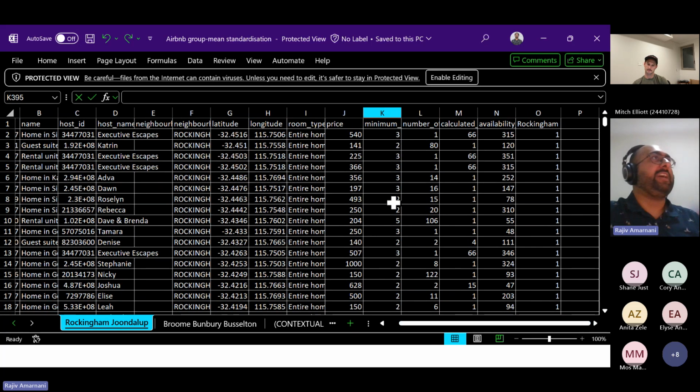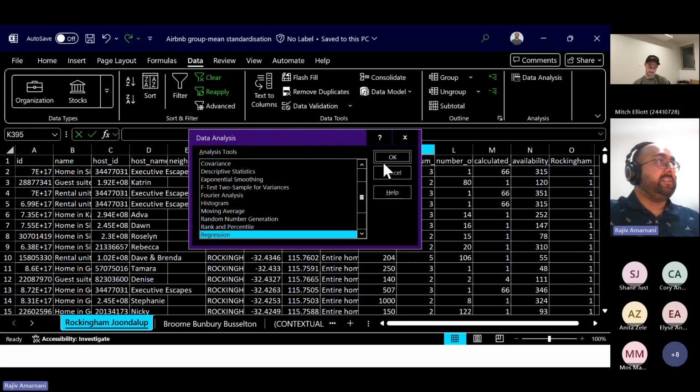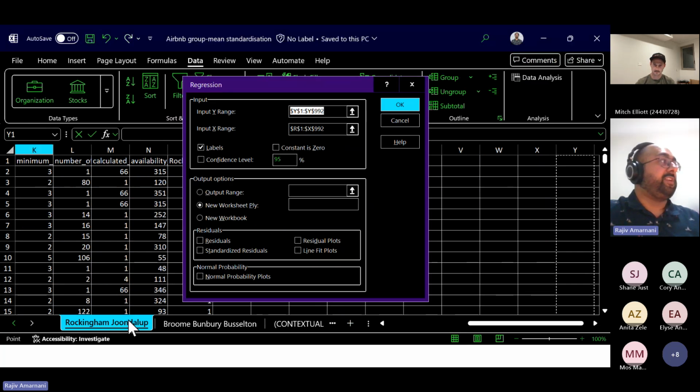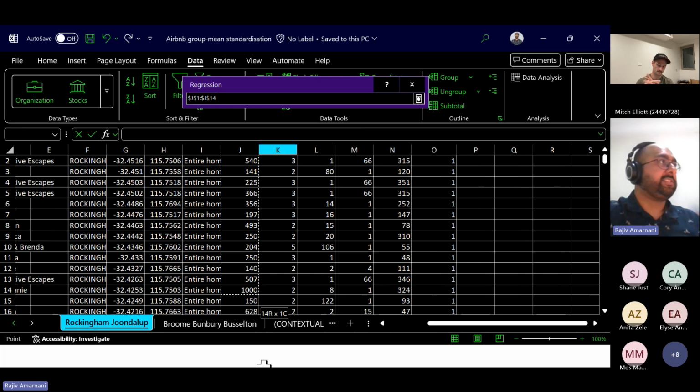So I think you might have this up on your LMS, Airbnb group mean standardization. So we're going to do the first data set, Rockingham, Joondalup. We're going to pick our Y, which is price.